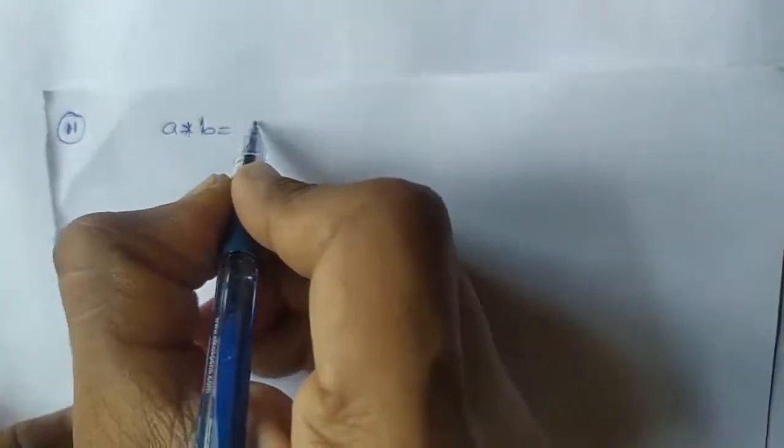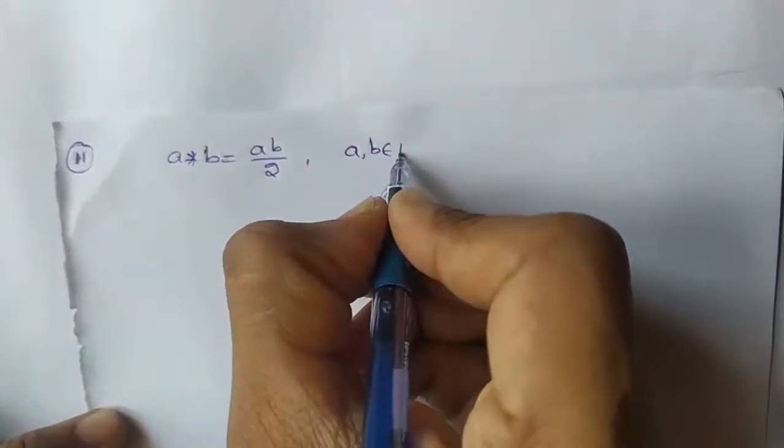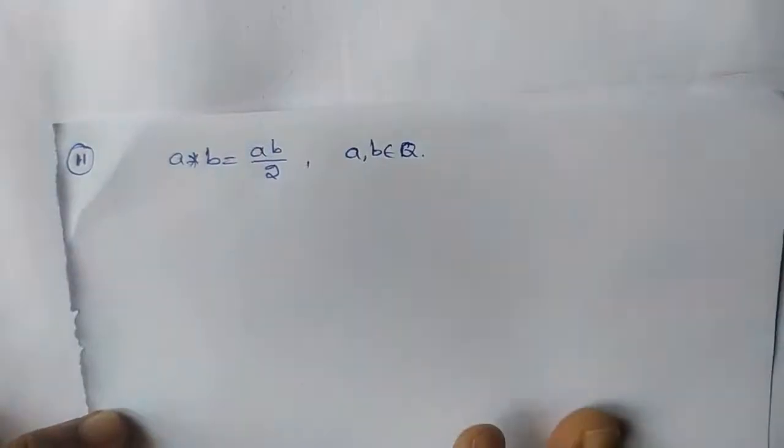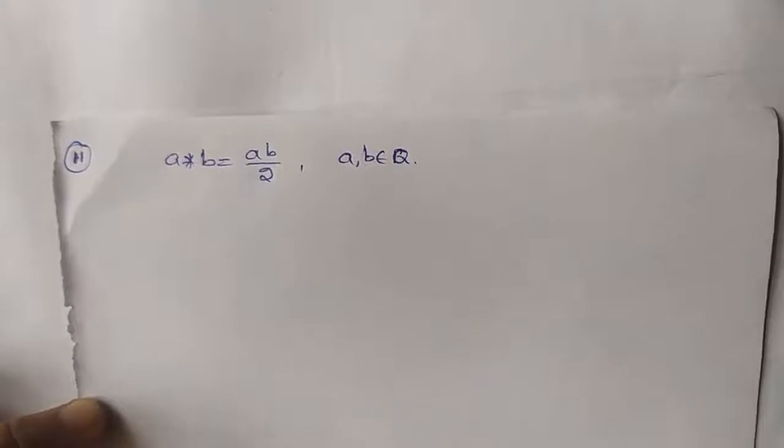See the 11th question. Verify whether the operation star defined on Q, the rational numbers, by A star B equals AB by 2 is associative or not. First write the given binary operation A star B equals AB by 2, where A, B belong to Q. We need to verify that this operation is associative or not.